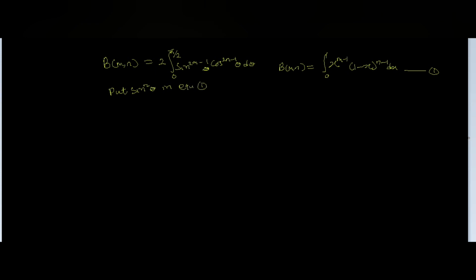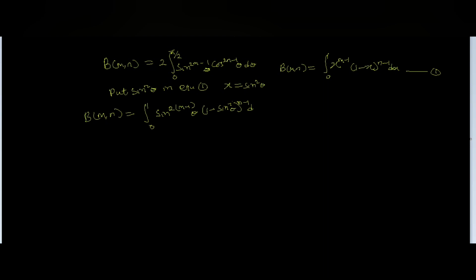If we do that, we are going to have beta(m, n) equal to, this is still the integral from 0 to 1, substituting x to be equal to sine square theta, we are going to have sine square theta to the power of m minus 1, then multiplied by 1 minus sine square theta, bracket close, to the power of n minus 1.